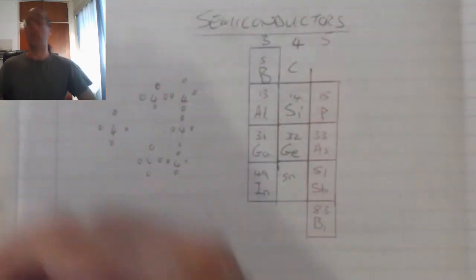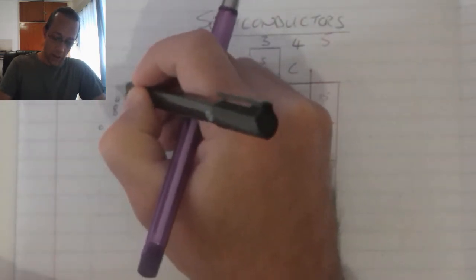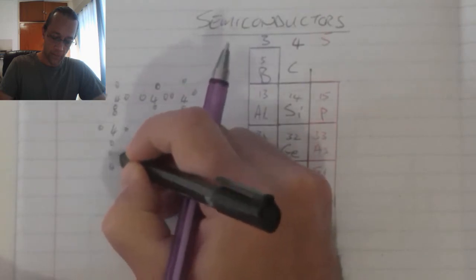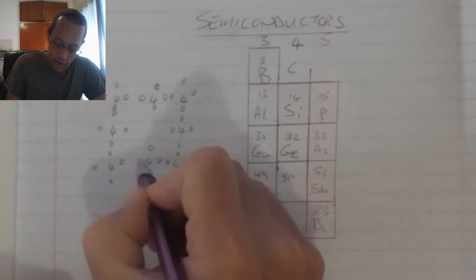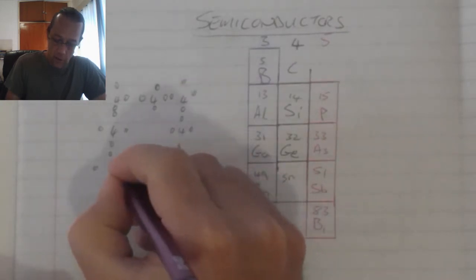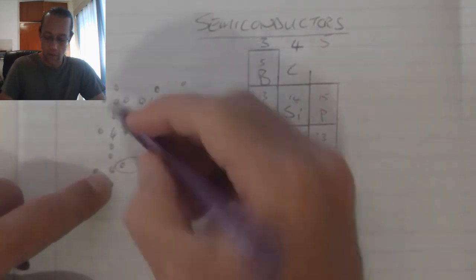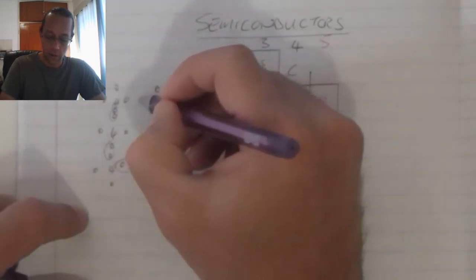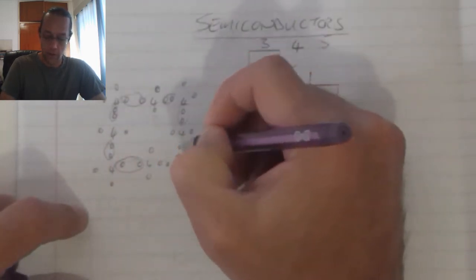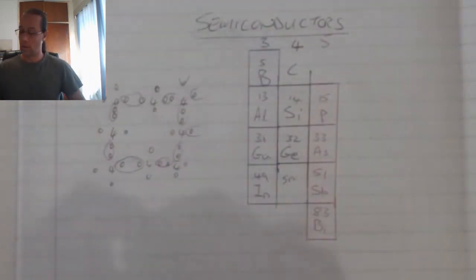And when we look at the combination of the electrons, this goes on all the way around. We see that this pair of electrons is going to bond these 2 elements together. That pair of electrons is going to bond those 2 atoms together, and so on and so forth all the way around.